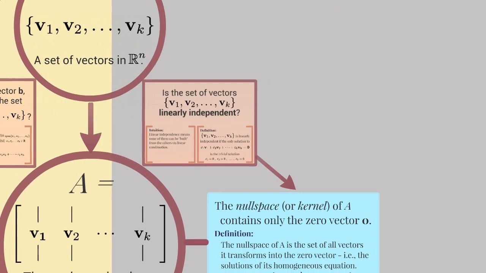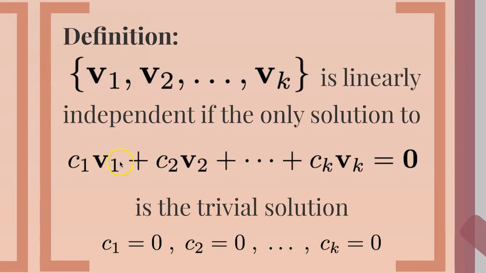So what does that have to do with the matrix that has these vectors as its columns? Well, the first bit of terminology that we'll add is that linear independence has to do with this equation. And this equation we can see as a matrix vector equation with these vectors as the columns of the matrix. And the right-hand side of that equation is the 0 vector.